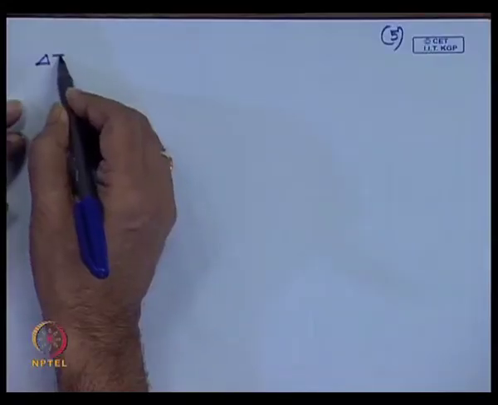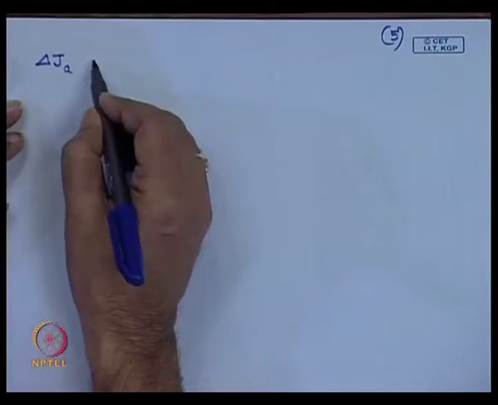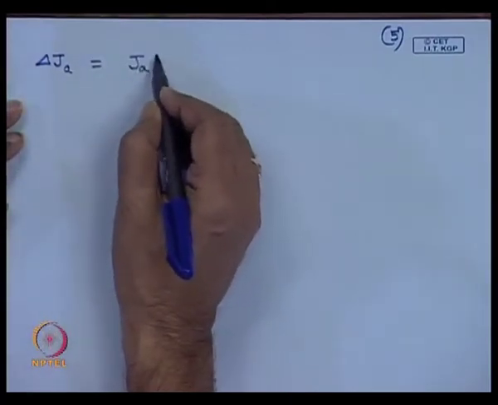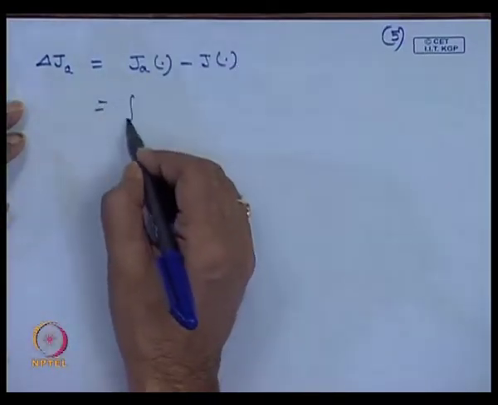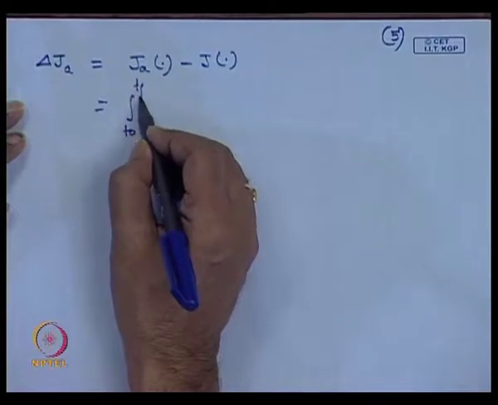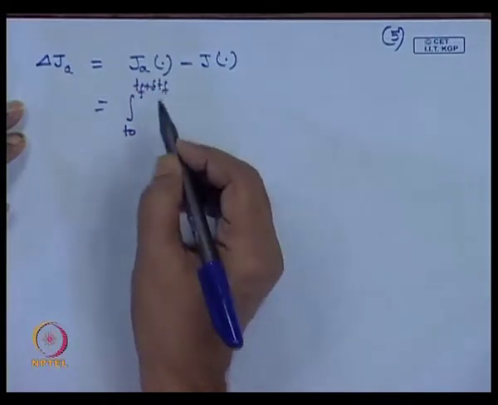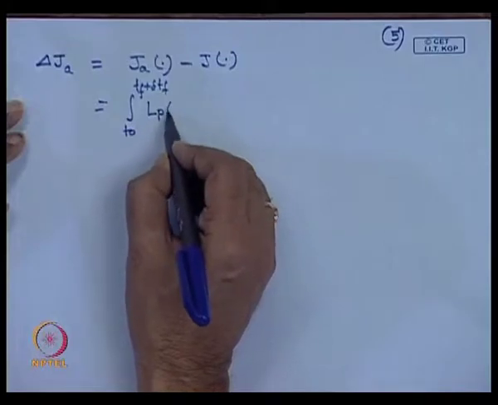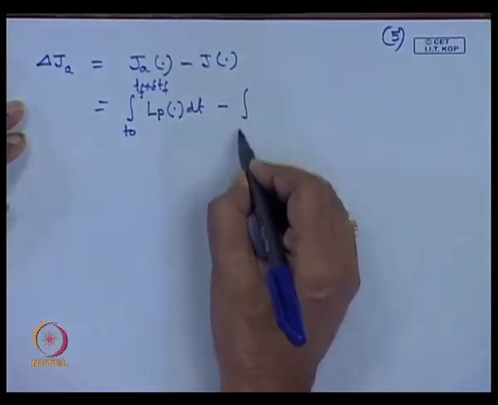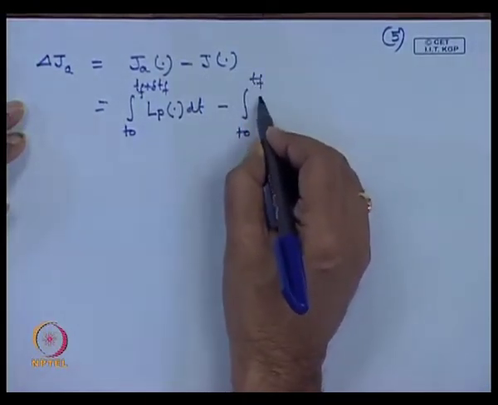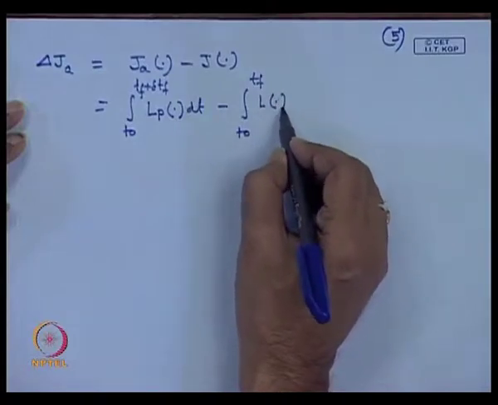So, if it is so, what is the variation of the functional value? The variation of the functional value, delta J, that is J p minus J, is nothing but the integral from T 0 to T f plus delta T f of L p, the perturbed Lagrangian function, minus the integral from T 0 to T f of the original Lagrangian function L without perturbation.